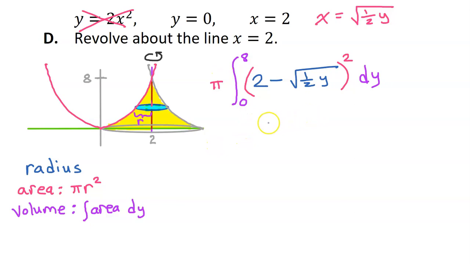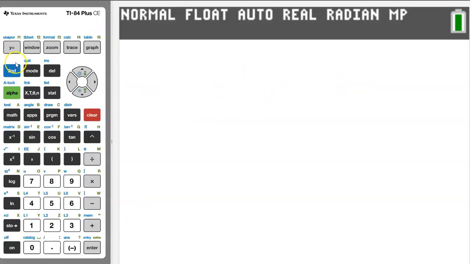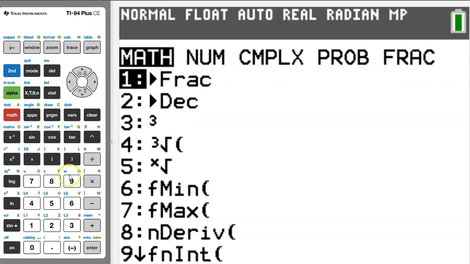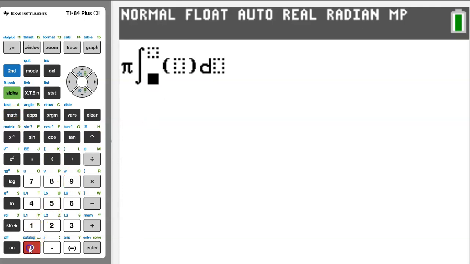These problems are calculator active, so let's use our graphing calculator to evaluate this. On the calculator, we will have to use x's instead of y's. So we have pi and the integral from 0 to 8. So I'm going to type in pi, and for the integral we do math 9, and we are integrating from 0 to 8. We have to square something, so we are going to need an extra set of parentheses on the inside.